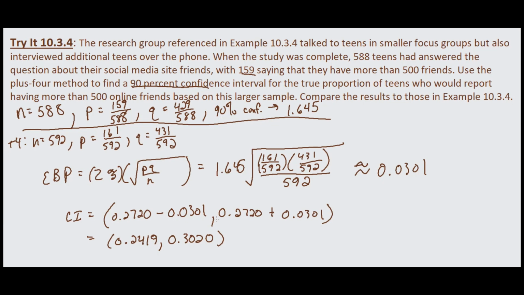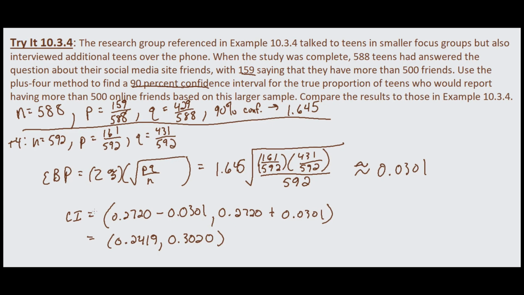And in context, what that means is that we are 90% confident that the true proportion of teens who would report having more than 500 online friends based on this larger sample is between 24.19% and 30.2%.